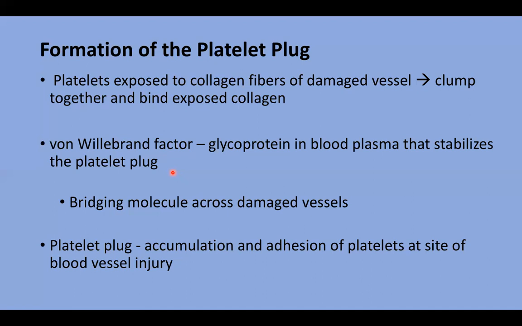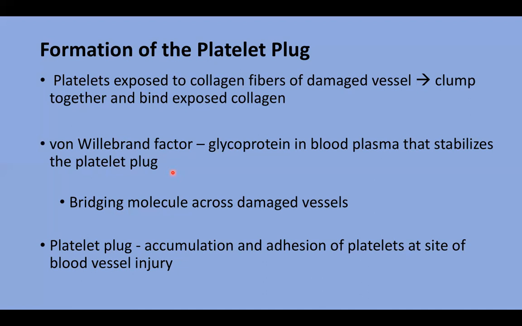And this glycoprotein is going to piggyback on top of these platelets that are getting stuck on this exposed collagen fibers. And it is going to help stabilize the platelet plug. And I have a picture on the next slide. And these von Willebrand factors attached to these clumping platelets are going to help form this nice bridge-like structure that is going to span the damaged vessel.